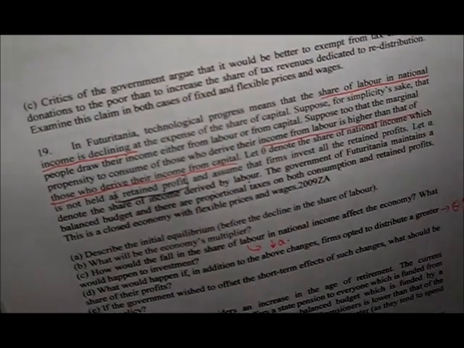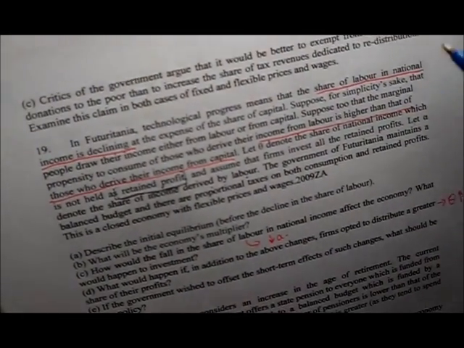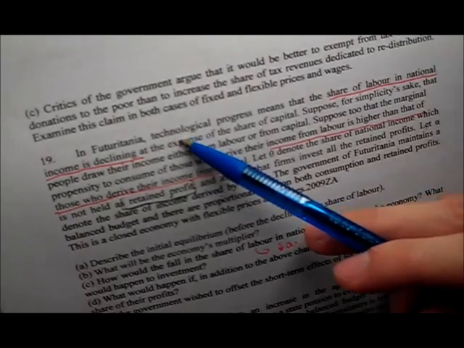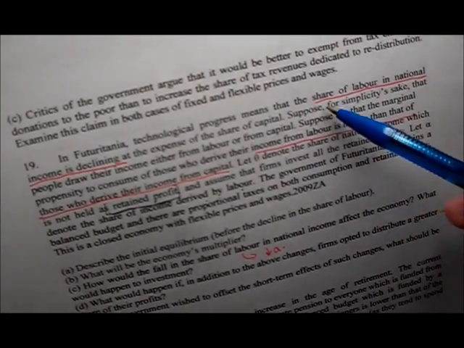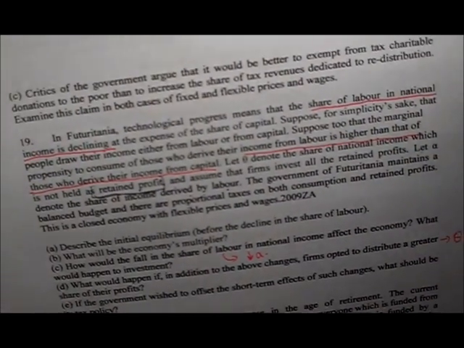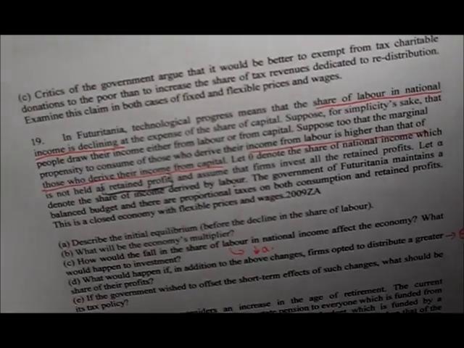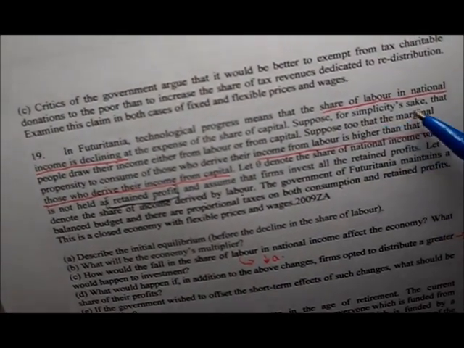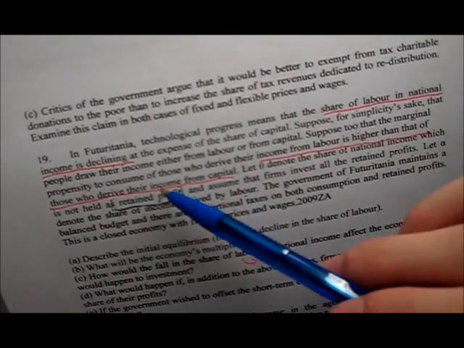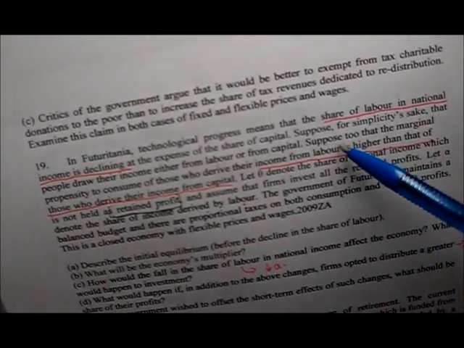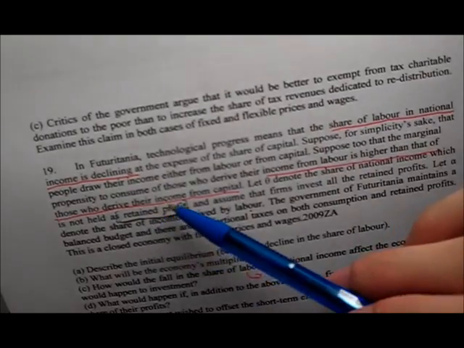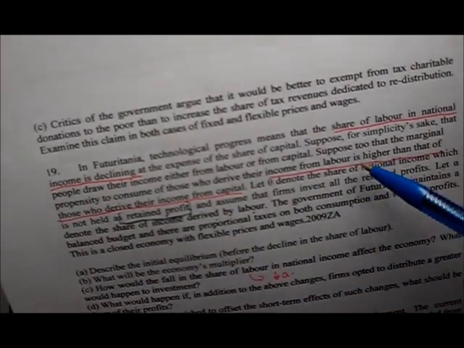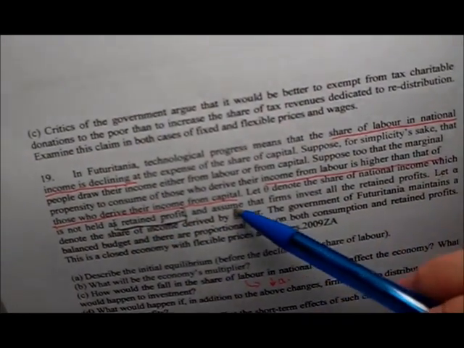I'll read out the question quickly. Technological progress means that the share of labor in national income is declining at the expense of the share of capital. Suppose for simplicity's sake that people draw their income either from labor or from capital. Suppose too that the MPC consumed of those who derive their income from labor is higher than that of those who derive their income from capital.